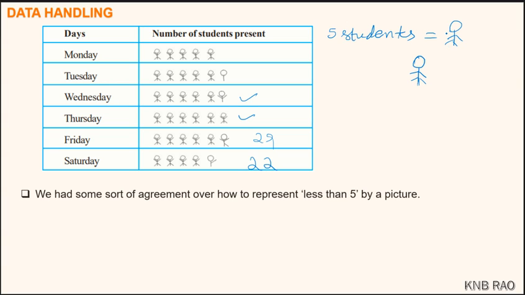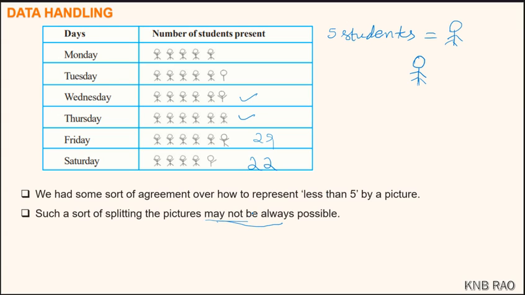So, now the questions. What were the questions given? We had some sort of agreement over how to represent less than 5 by a picture, and this sort of splitting the picture may not always be possible. Remember, it is not possible always. Why? We will see in some examples.